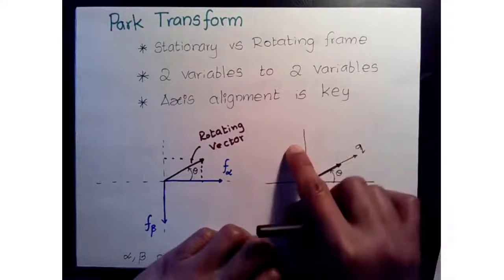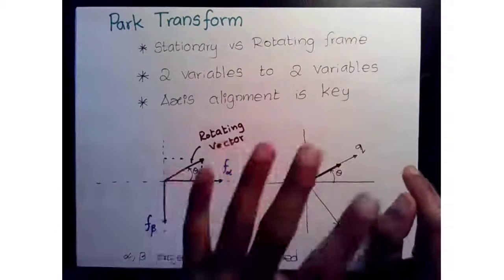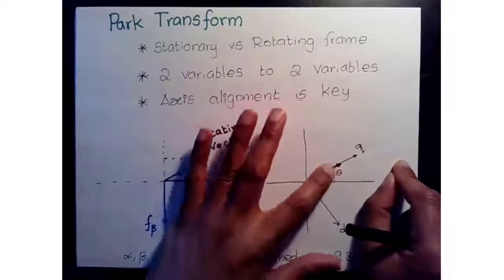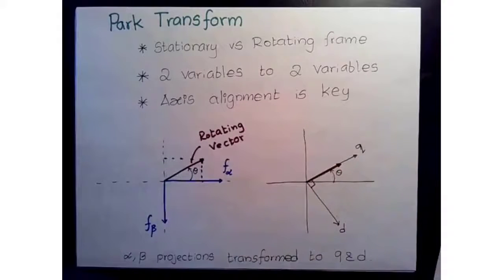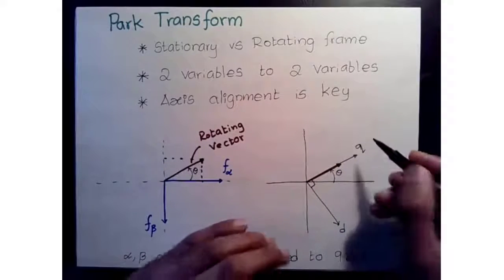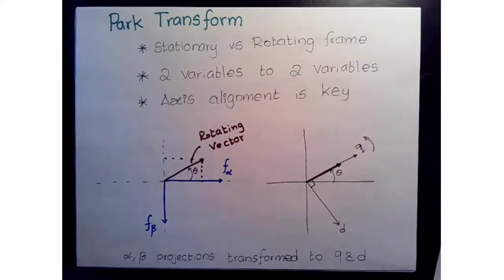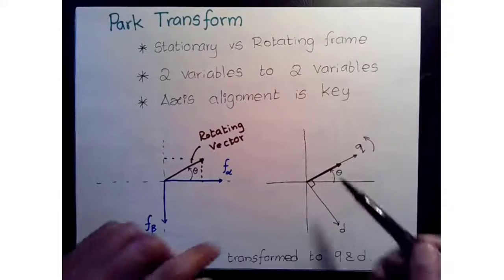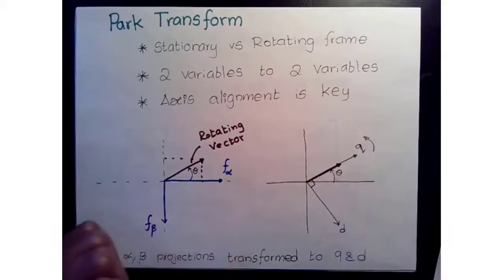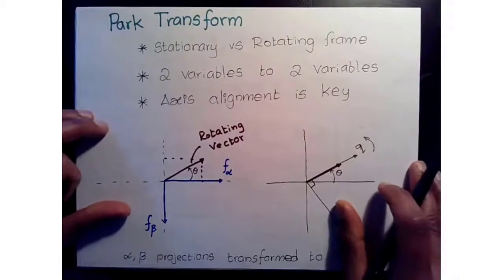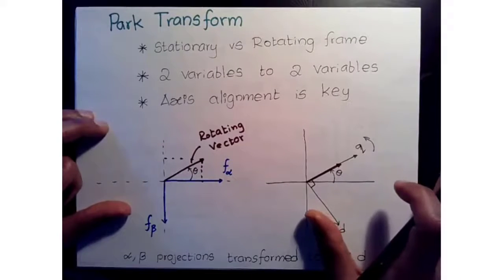You can go 1.5 times the vector, but the idea is this new frame is a rotating frame. You can move along with the vector, which gives us some benefits, and we'll talk about what those benefits are. All right, is that clear?